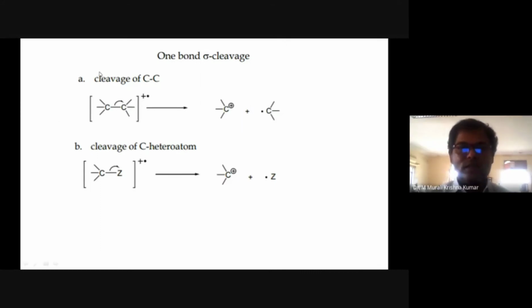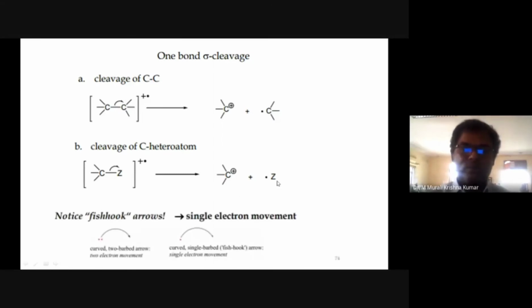That's the reason why cleavage happens like this. Carbon bears the positive charge and the heteroatom takes away the pair of electrons, so that it forms a free radical. So this is one simple piece of information for you.